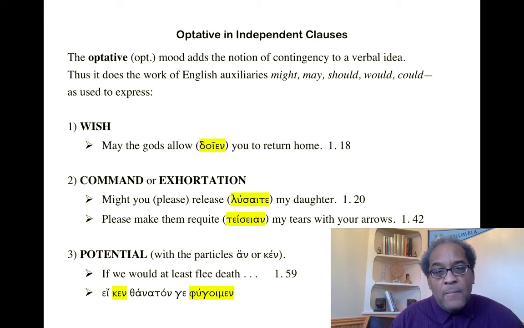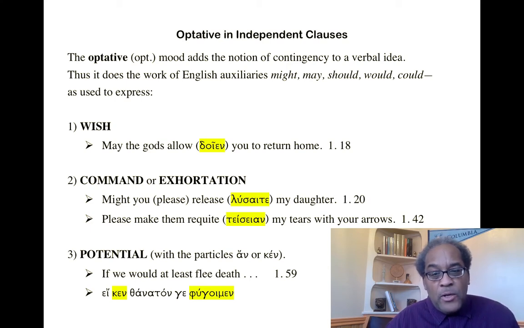And then when he was praying to Apollo, he says, make the Achaeans requite my tears with your arrows. Teisaian, an epsilon iota before the alpha of the ending. We'll see that that is our first aorist of the optative.